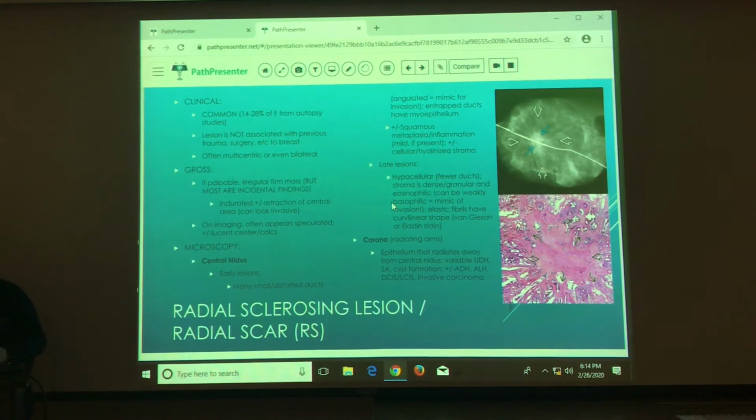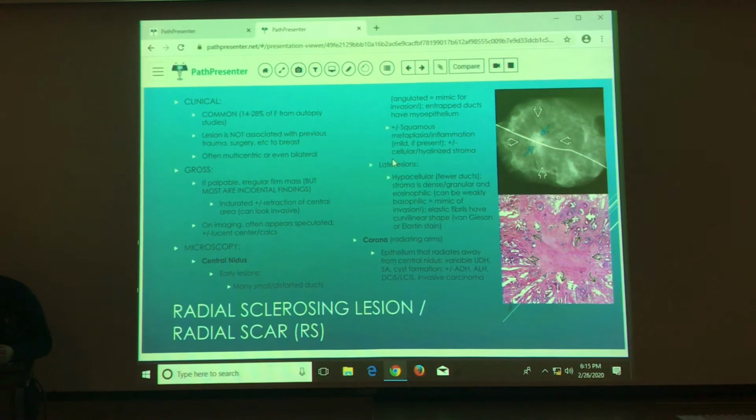Again, these are common lesions, and they've been found in a lot of autopsy studies of older women, so who knows the incidence in women just walking around on the street. But it is important to note that it's not associated with trauma, surgery, or injury to the breast, like I mentioned before.